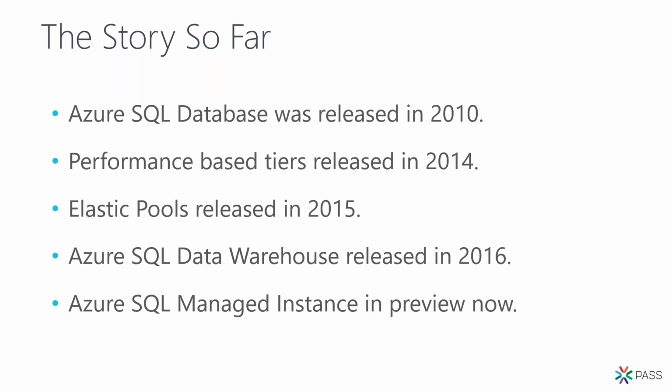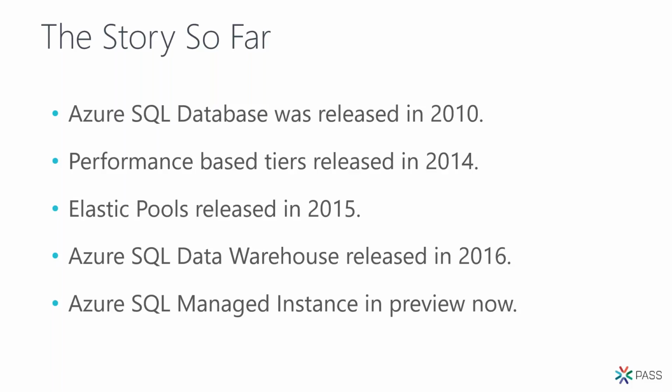So it took them 4 years to introduce the performance-based tiers in 2014, which is the model that we have right now when people talk about Azure SQL Database Basic, Standard, or Premium. These are the performance-based tiers, where you not only create a database with a maximum size, but it also has a certain amount of CPU, memory, or I/O characteristics tied to it, right? So that was in 2014.